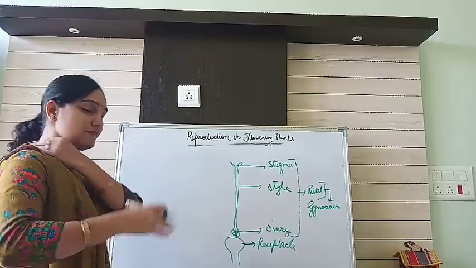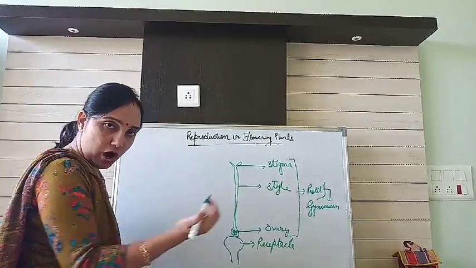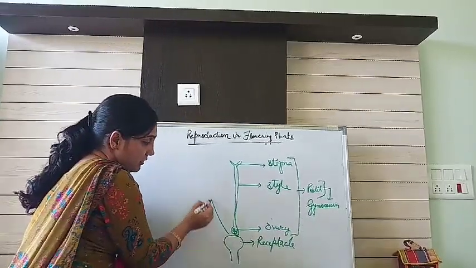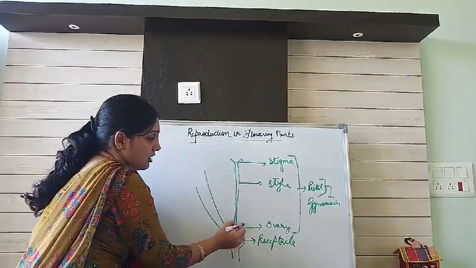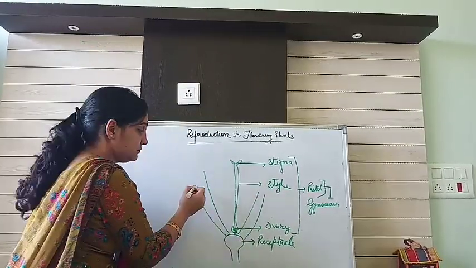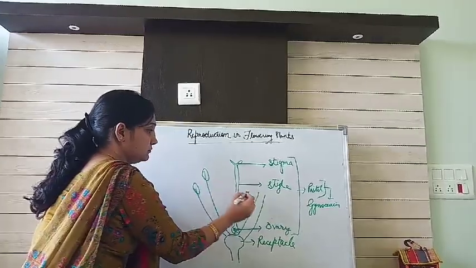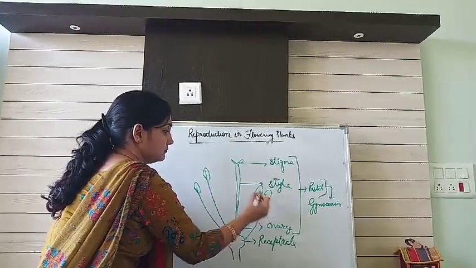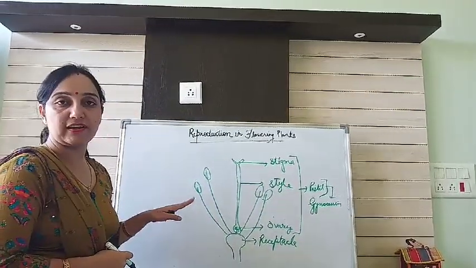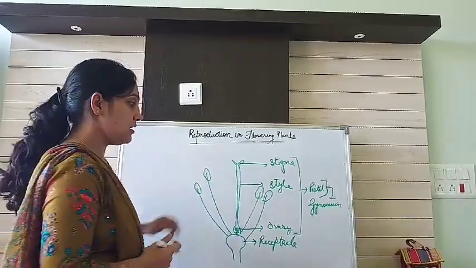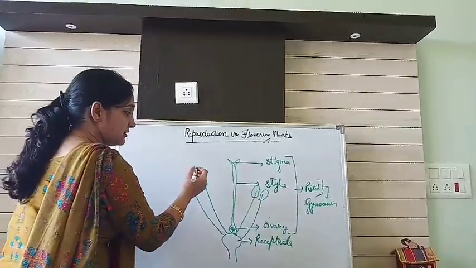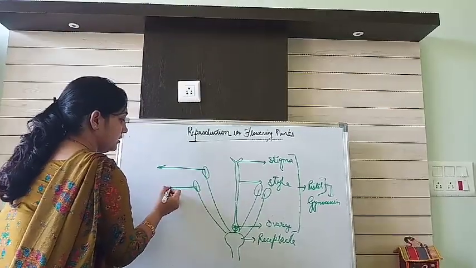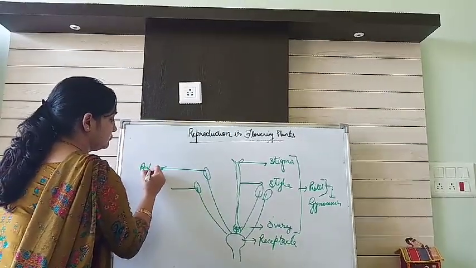Now take another part, going to the outer portion. I'll make a few structures. Their number varies in different varieties, so I am making 4 only here. Let's label them. This is anther.